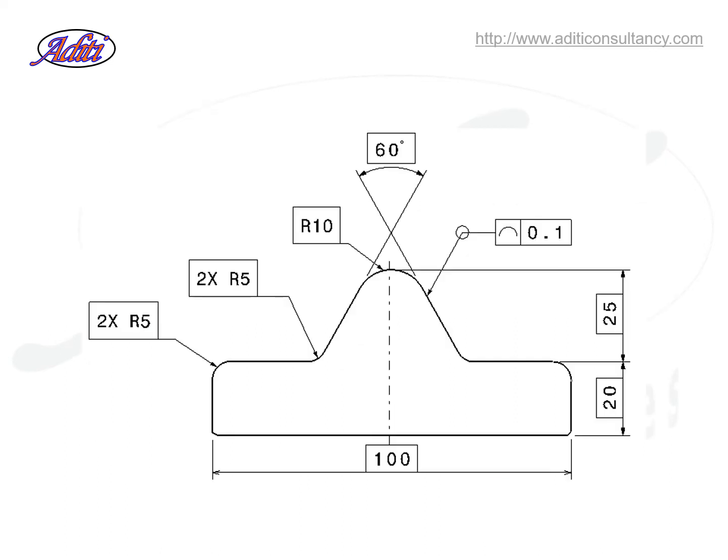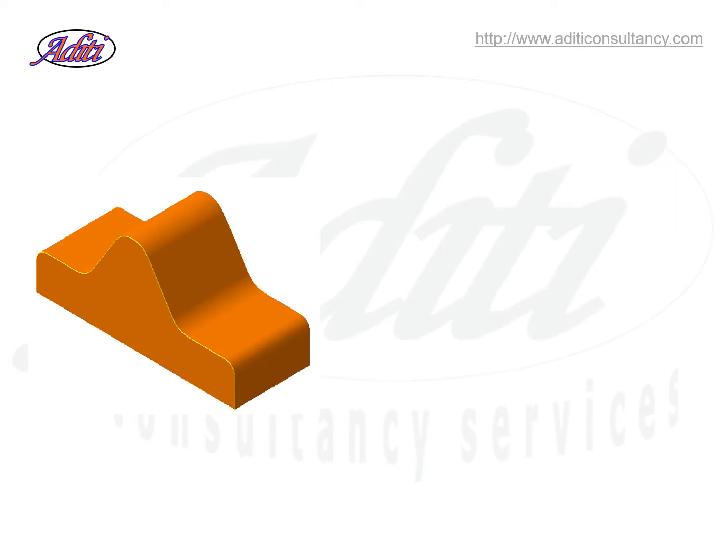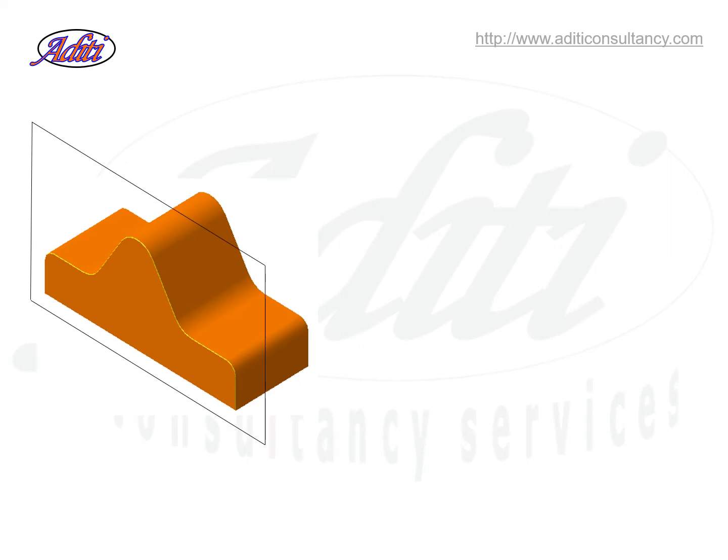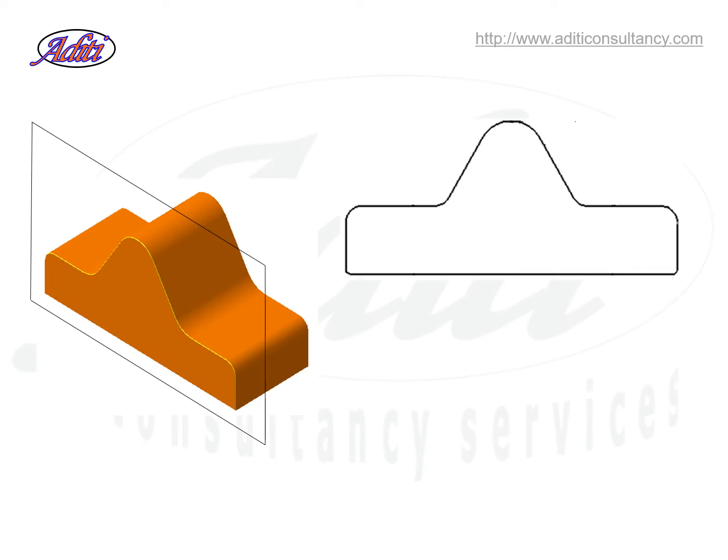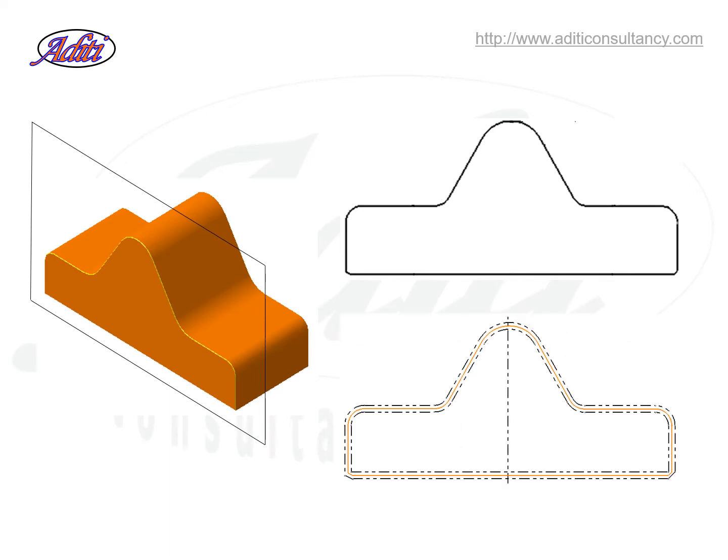In this drawing, a profile of a line tolerance of 0.1 mm with the all around symbol is shown. In this case also, an intersecting plane is selected for measurement. The intersection of the plane with all the features of the part will give an all around two-dimensional nominal profile in that plane. From the nominal profile, a two-dimensional profile of a line tolerance zone is generated.